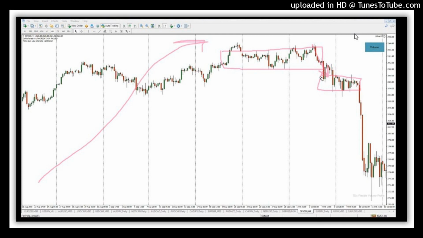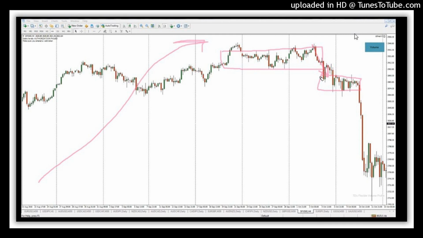In a case like that, you don't really want to take any shorts. At this place, you can compare how aggressive the buyers are and how aggressive the sellers are. So you can see this weak high and this weak high. And then, on the contrary, you can see this strong low and this strong low.